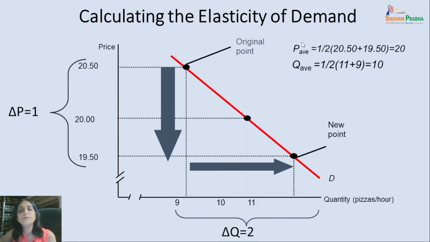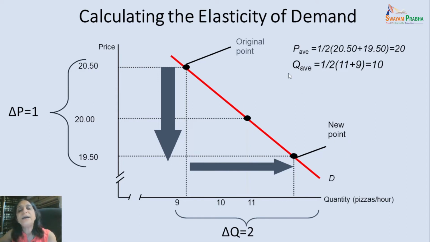How have we found the average price? We have taken the new price 20.5 plus original price 19.5. This we are dividing by 2 to give us an average of both the prices, and you get the answer as 20.